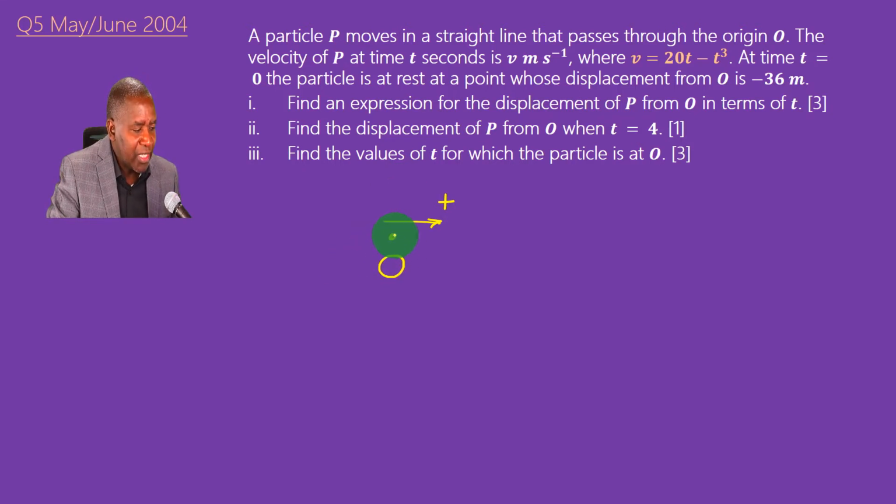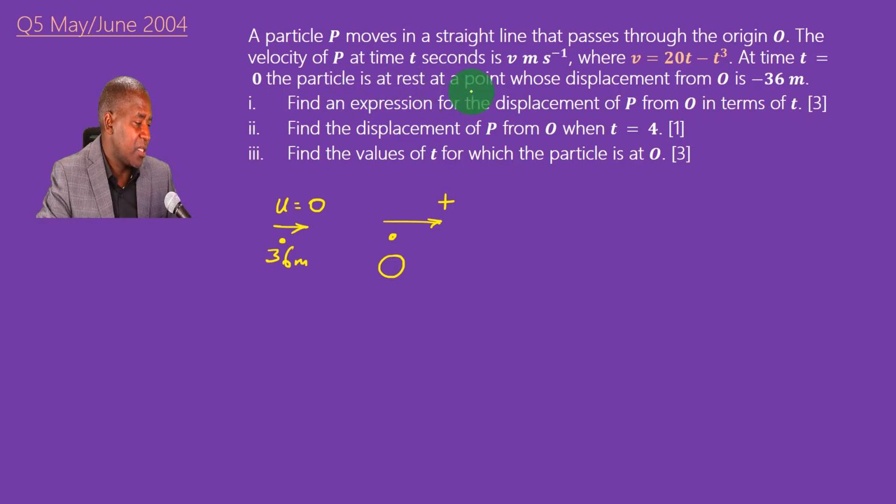Let's assume that any movement to the right is positive. So it means that I start measuring my distances from here: 0, 1, 2, 3, 4, 5. But if it was behind in this direction, then I count it backwards. It is 36 meters behind.